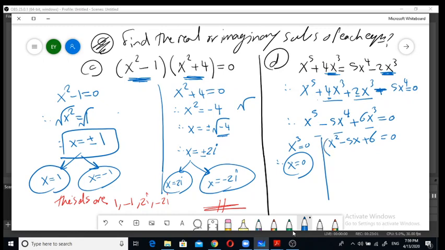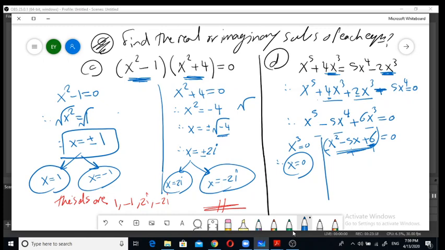Here we have a quadratic trinomial with the leading coefficient of 1. Easily we can find the solution by finding two numbers. We need two numbers multiplied to 6 and adding to negative 5.